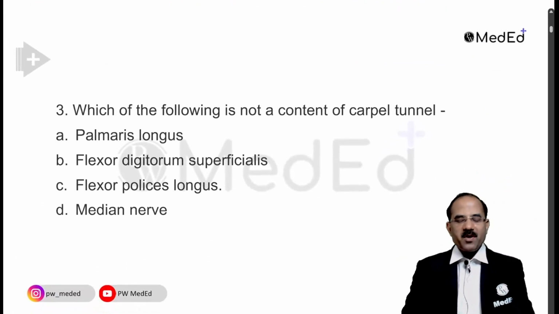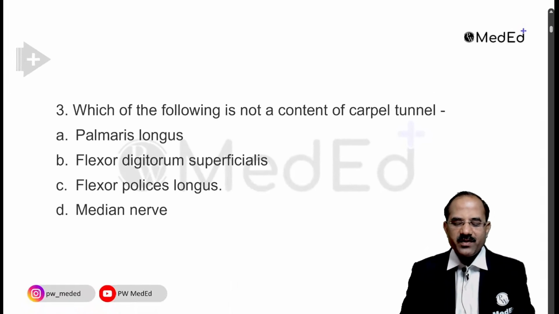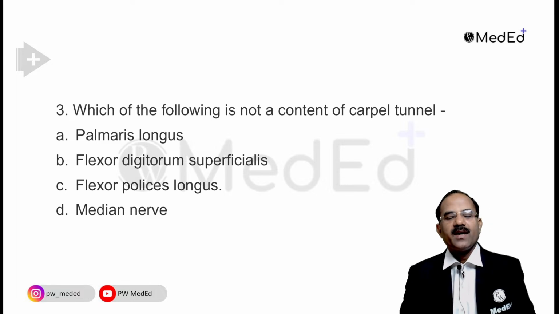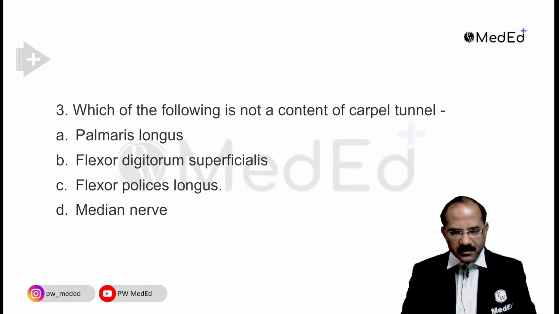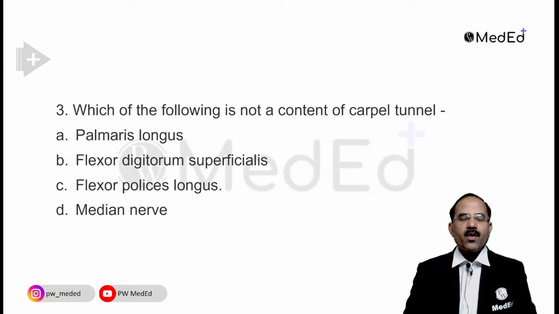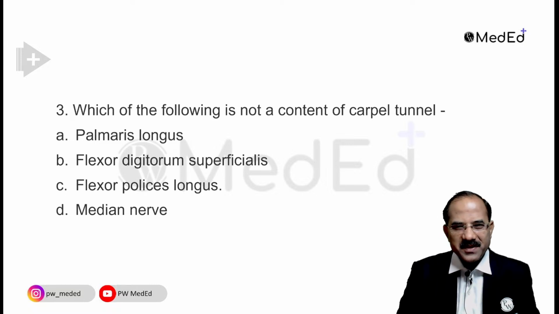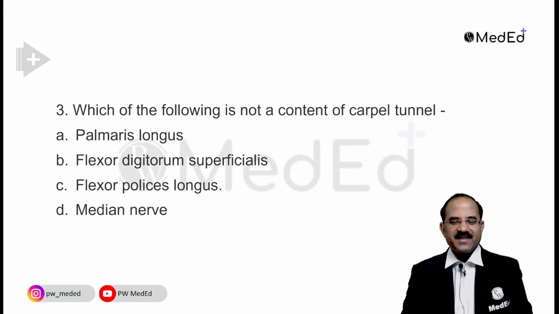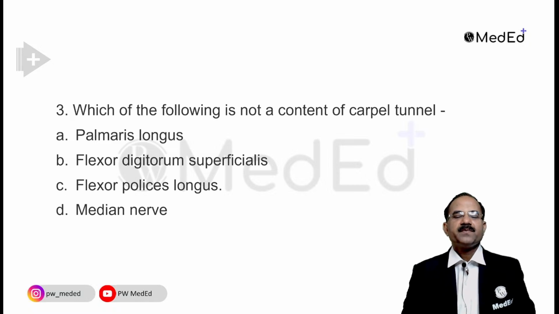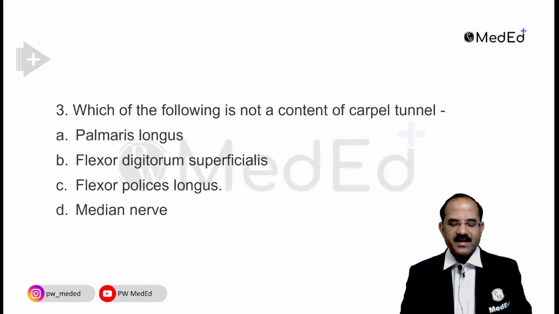Come on students, if you can answer this MCQ. Which of the following is not a content of the carpal tunnel? Any guesses? A very important MCQ. Yes?